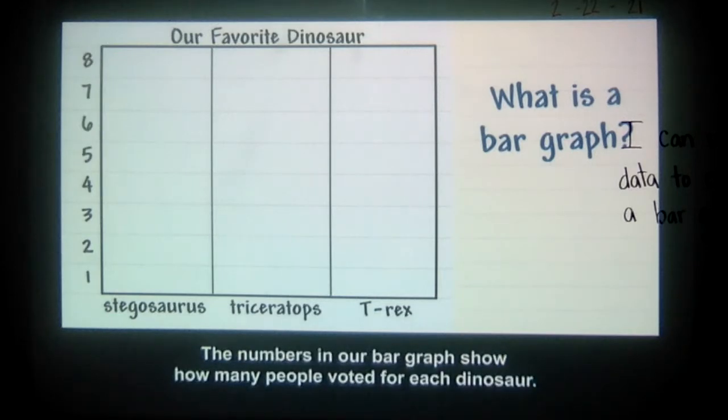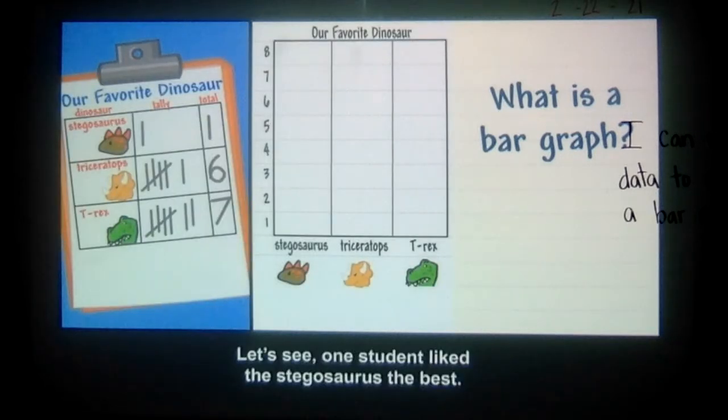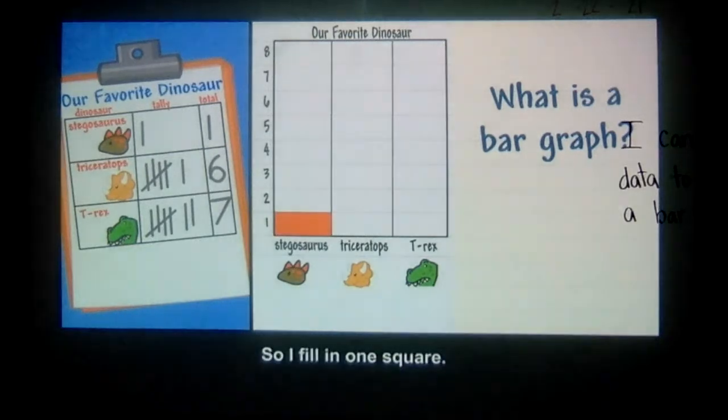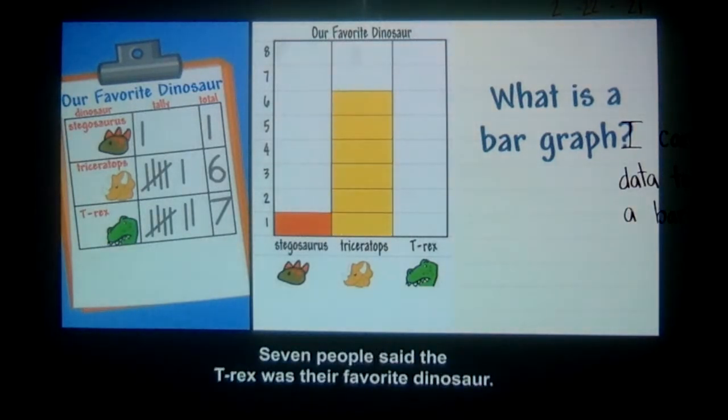The numbers in our bar graph show how many people voted for each dinosaur. Let's see. 1 student liked the Stegosaurus the best, so I fill in 1 square. 6 people voted for the Triceratops, so I color in 6 squares. 7 people said the T-Rex was their favorite dinosaur.